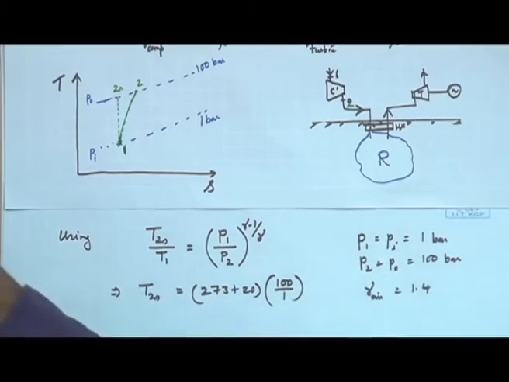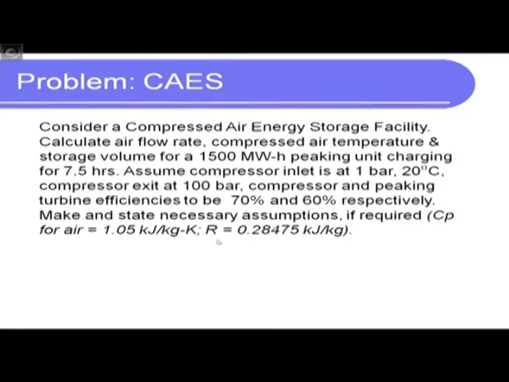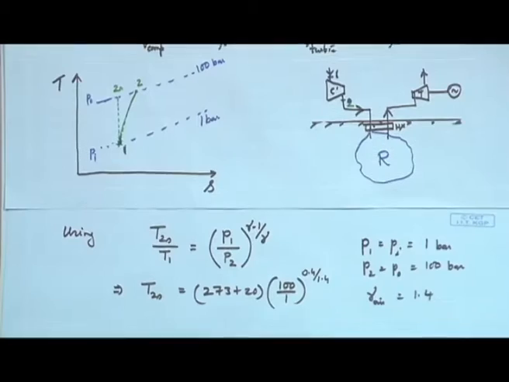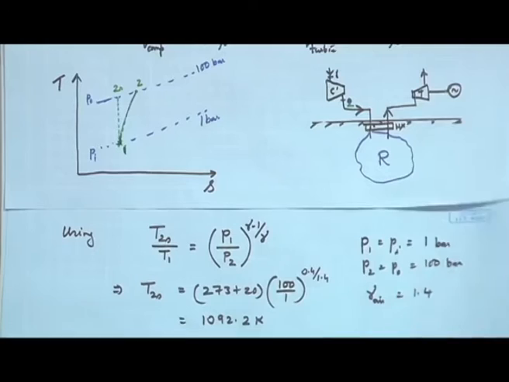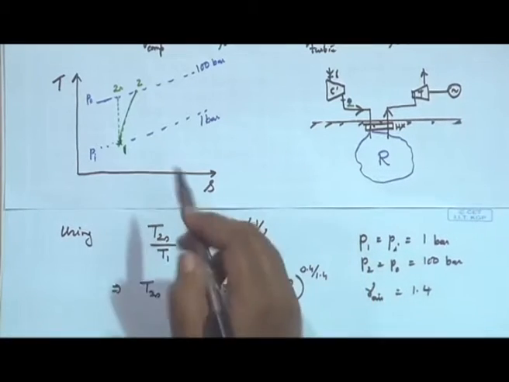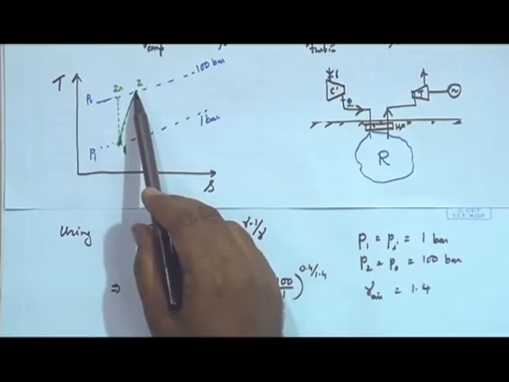Otherwise, from the given data we can also calculate, we have the value of R and the value of Cp for air given. So, we can also calculate gamma, but we know that gamma for air will come to be 1.4. So, let us write that, 1.4, 0.4 over 1.4. So, this gives me T2s is 1092.2 Kelvin.